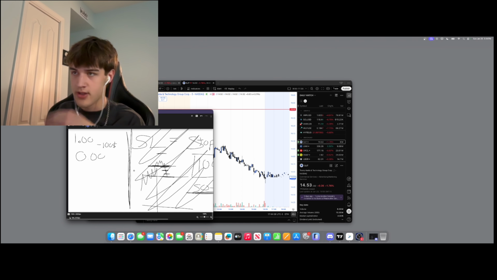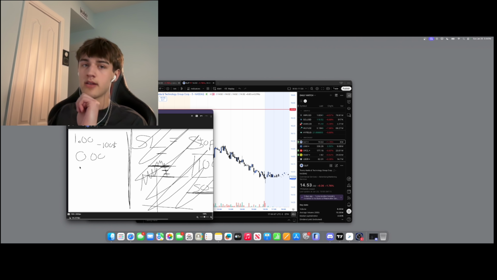This rule goes across the board. But with options, it's a little easier to gauge that just because it won't go lower than the value of the contract. You can't lose more than that. Obviously, maybe some fees and stuff like that, but you won't lose more than your $100 in this one, for example.